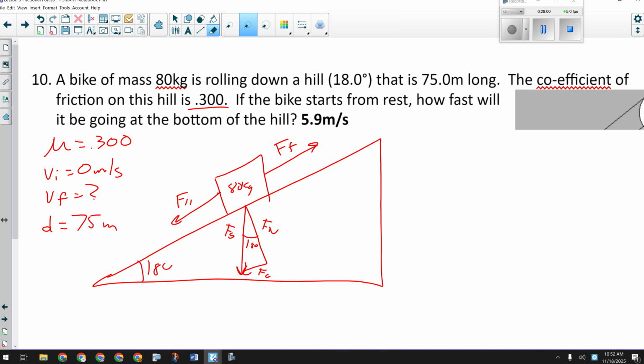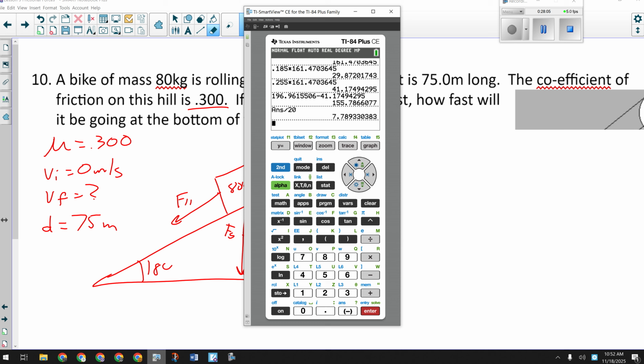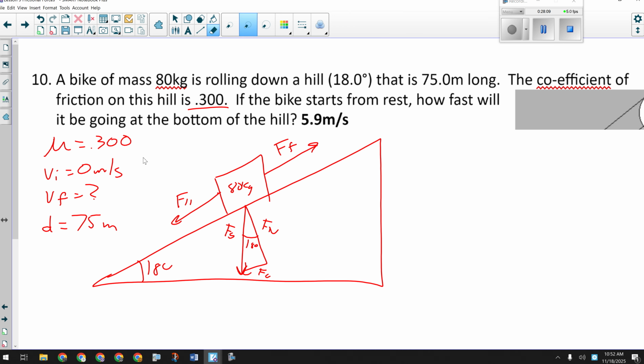So I need to calculate some forces here. I've got to calculate the force of gravity first. So that'll be the mass, 80 kilograms times 9.81. So we got 784.8 newtons on the hypotenuse. Then we'll calculate F parallel and normal force. Parallel is the opposite side, so sine of 18 times 784.8.